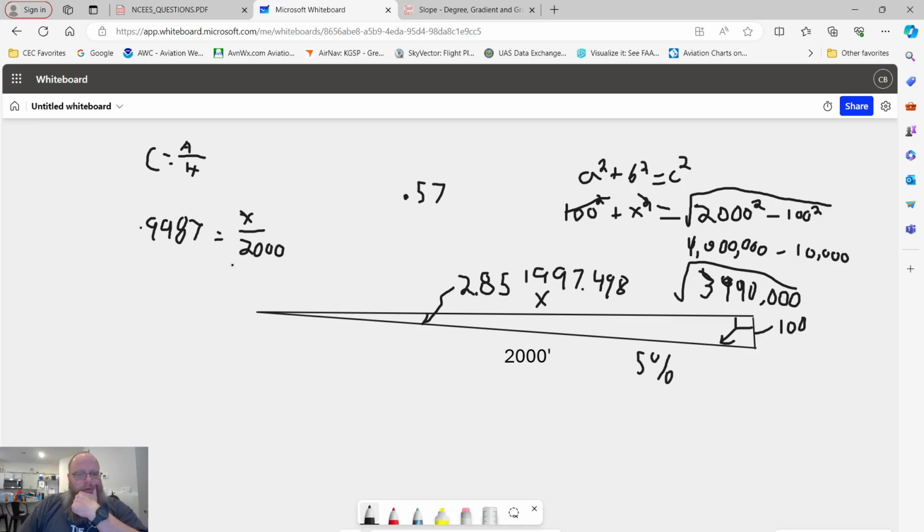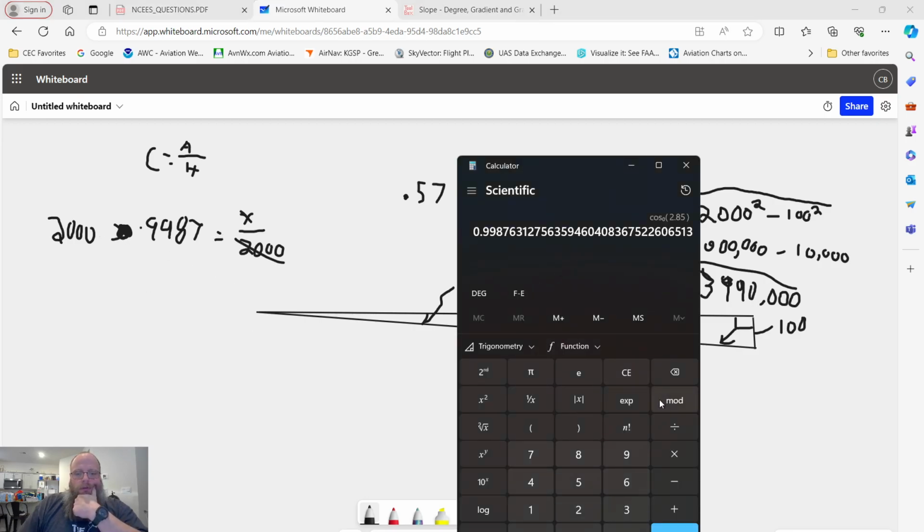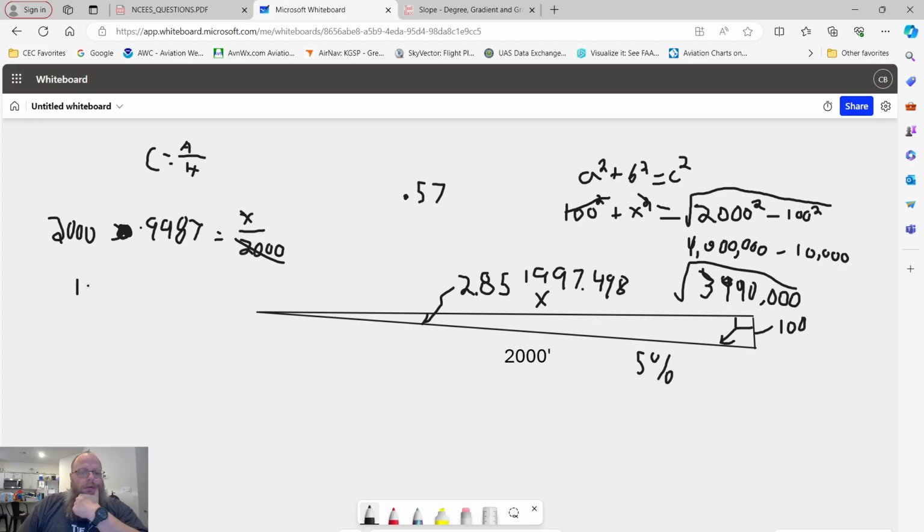All right, so all we got to do in order to get rid of this is multiply it times 2,000, and cross that out, and we are going to get 0.9987 times 2,000 equals 1,997.526.